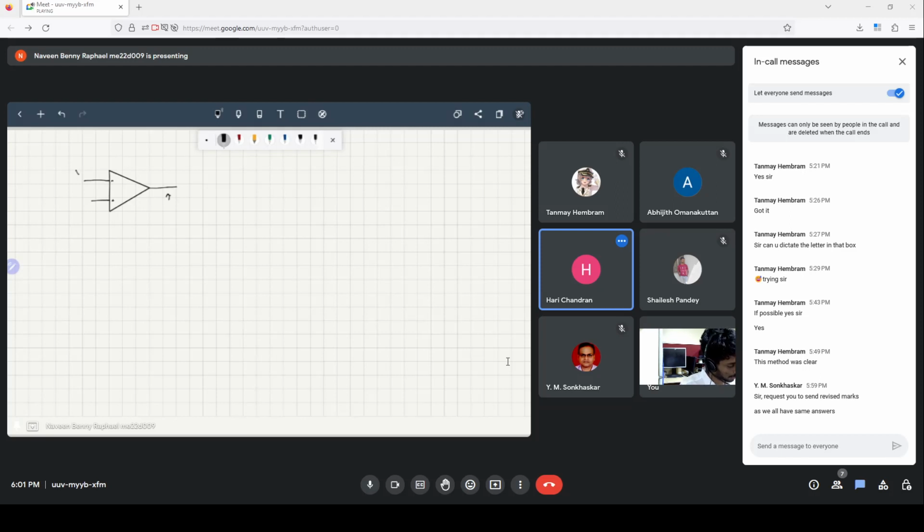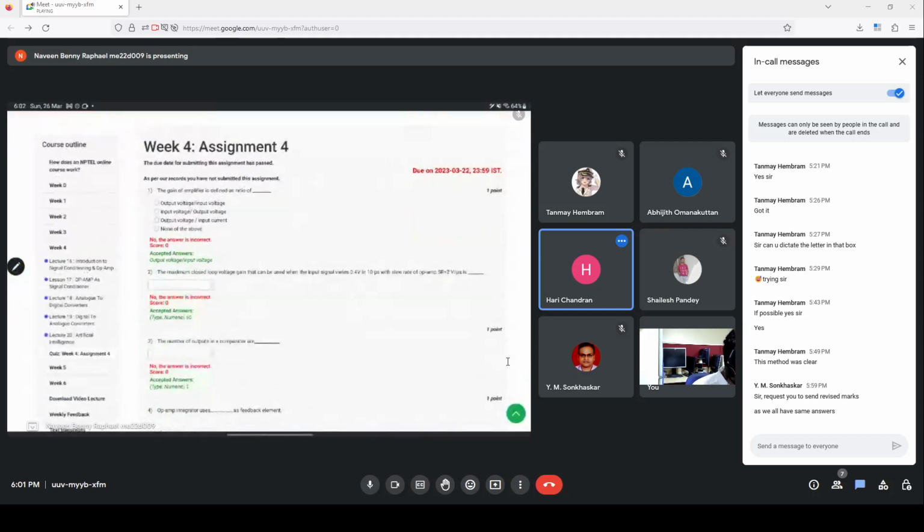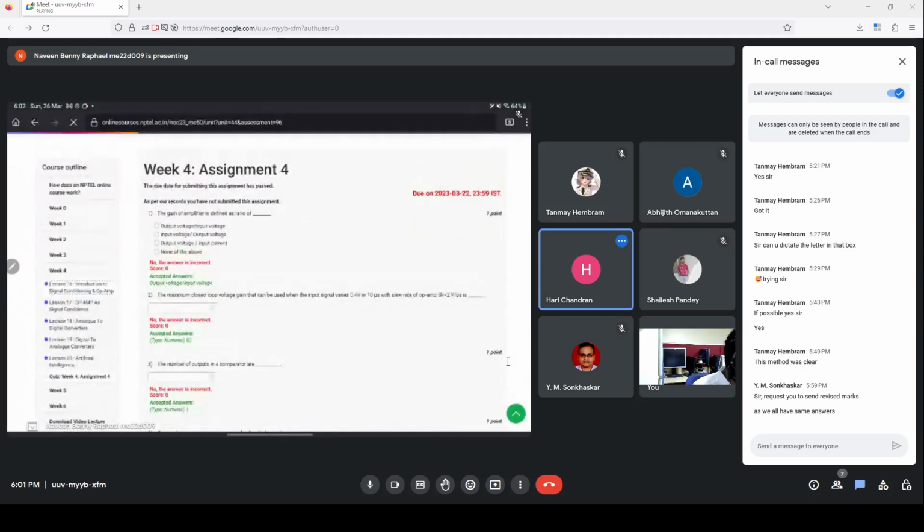Essentially, if you give two inputs, V1 and V2, the output here will depend on them. Firstly, this is a simplified diagram of the operational amplifier. There are more ports, as you see in the lecture slides.